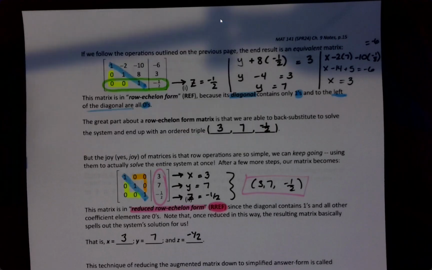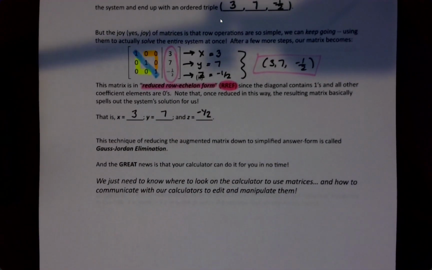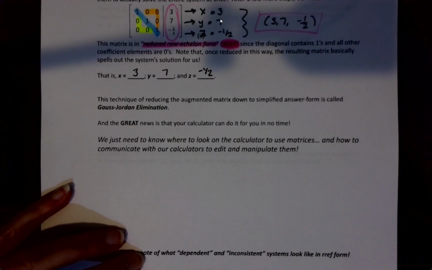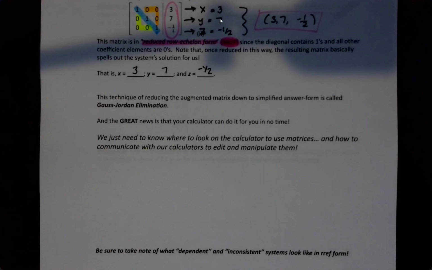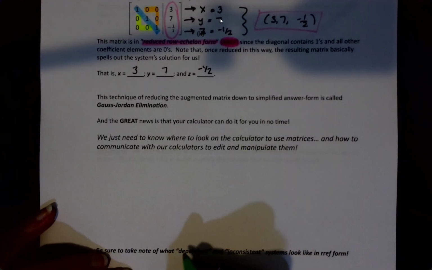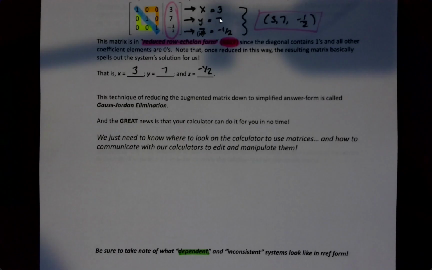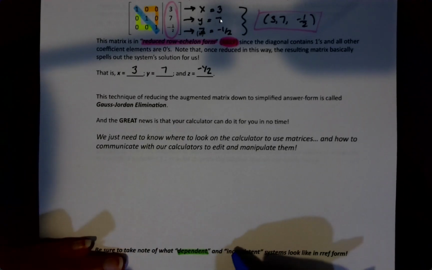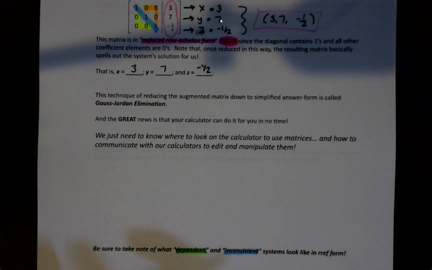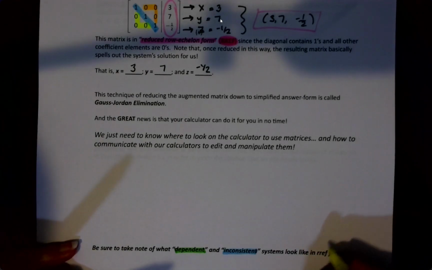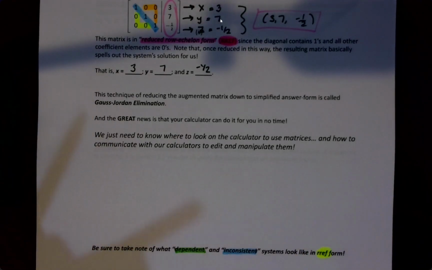The final note on this page that I need to pay attention to is I need to make sure that if I solve using the calculator, that I know what systems that are dependent or inconsistent are going to look like in their row reduced echelon form, so in their RREF form. So let's talk about this.